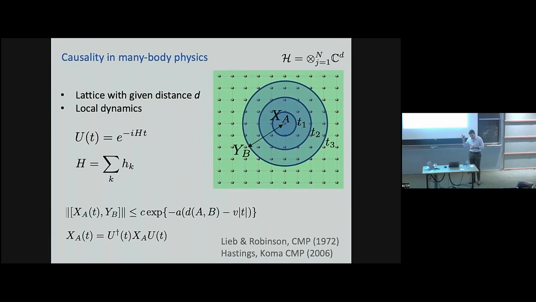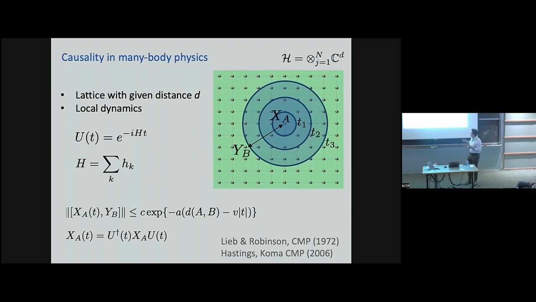Now, in this setting, the causality of the evolution manifests itself in the so-called Lieb-Robinson bound, which is expressed here. Essentially, it tells you that if you time evolve in the Heisenberg picture one operator at one point, it will essentially commute with another very far away up to a time which is essentially proportional to their distance.